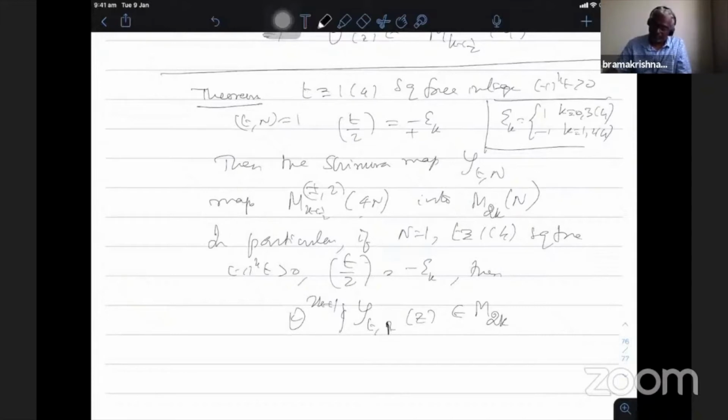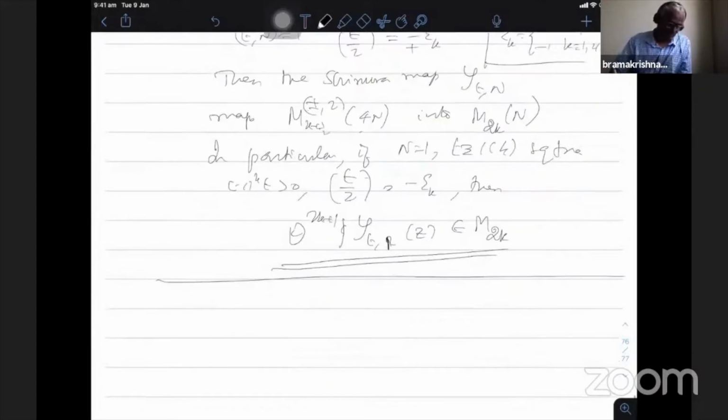Therefore, the special property. This whole thing came up when we wanted to get the formula for the number of representations of n as a sum of 2k+1 squares. Then we wanted to use the Shimura map to get the formula. So this theorem gives you a very simple formula using only the basis elements of M_{2k}. Otherwise, if I use only the usual Shimura map for this, I get these functions in terms of a basis of M_{2k}(2).